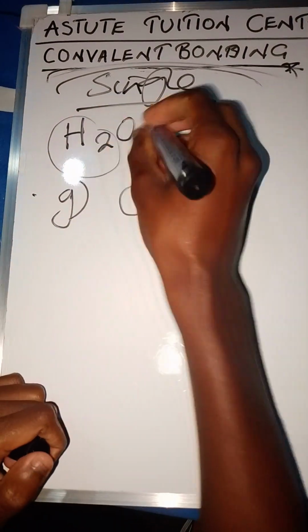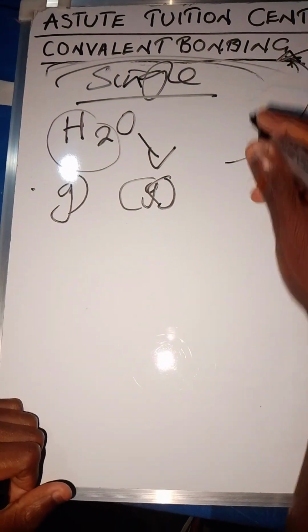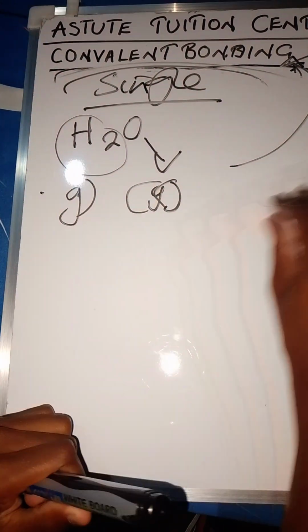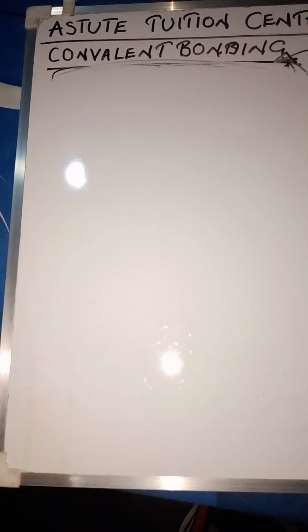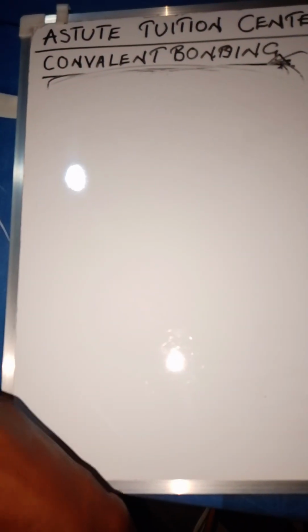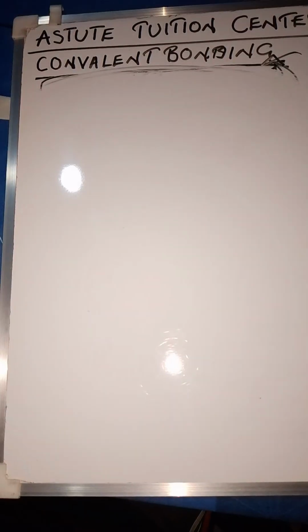When these two bond, they won't form an ionic bond, but a covalent bond because both of these are gases. Just the same as ionic bonding, in any type of bonding, covalent and ionic, only the valence electrons are involved in the bonding, not the inner electrons. So only the ones in the outermost shell.